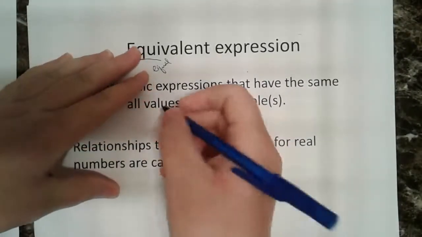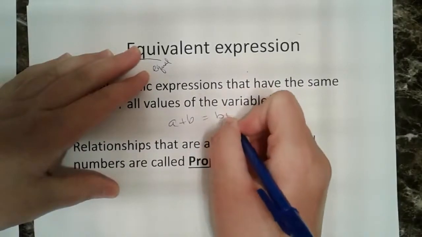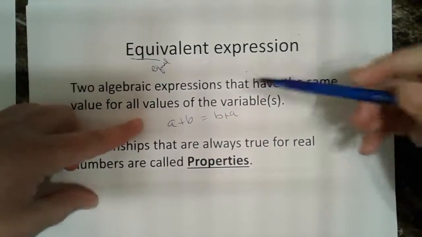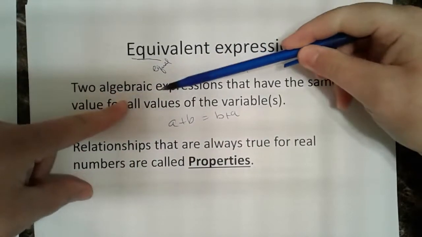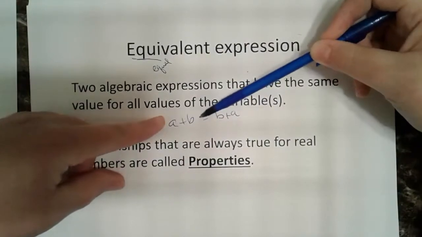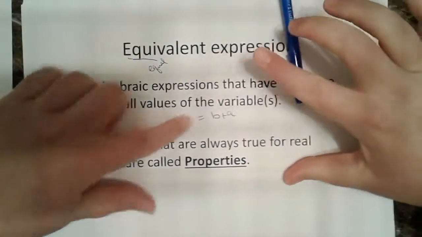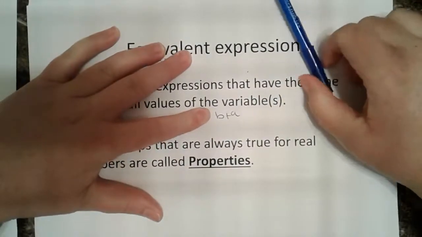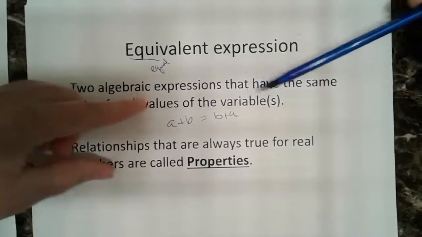If I said A plus B equals B plus A, that would be two algebraic expressions, because algebraic meaning it has variables and operations. It's an expression because that side is not a complete sentence. That side is not a complete sentence.